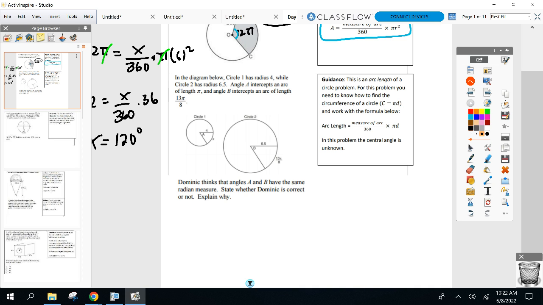Not area of a sector, but length of the arc. Length of the arc. Everyone see that? We can fill that in on your sheet right now. Length of an arc: hey, it starts the same way, measure of the arc over 360, the same as the sector formula. But instead of multiplying by pi r squared, you multiply by pi d. Anybody remember what pi d was?